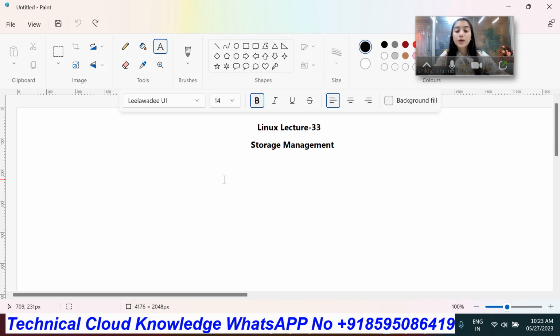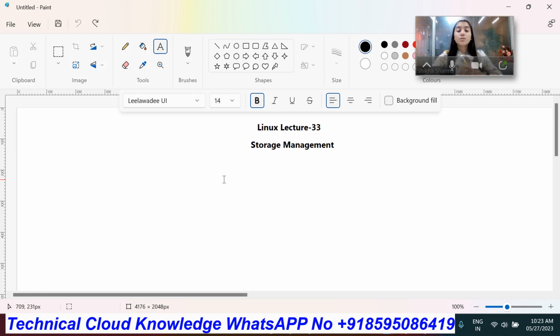So first we are going to understand what storage management is and why it is important for all of us. Storage management refers to the software or processes used to improve the performance of data storage resources.